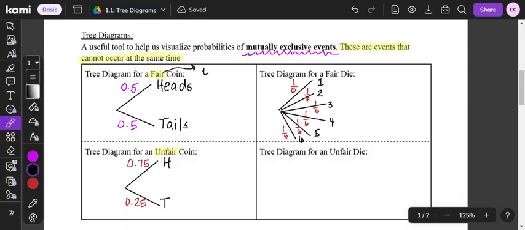Fair means equal probabilities. So every event has the exact same probability. And we can say unfair is an unequal probability.